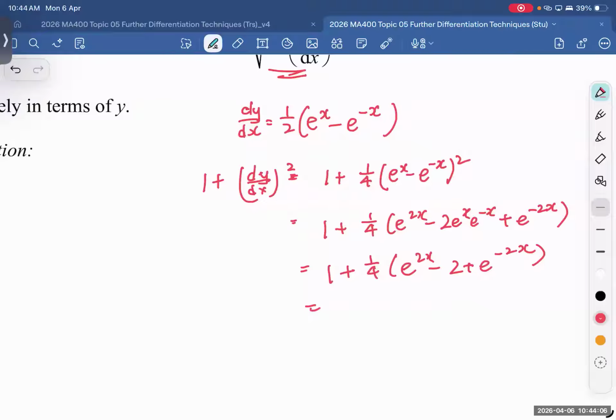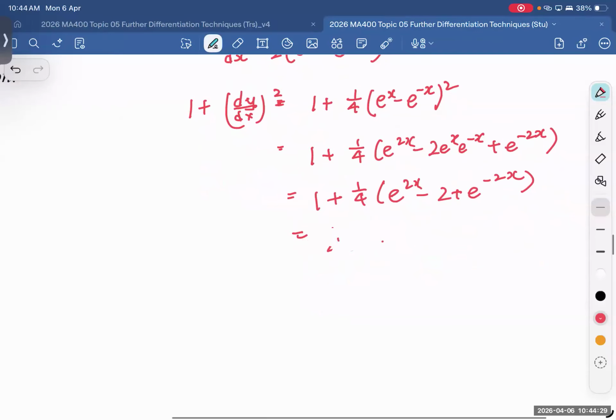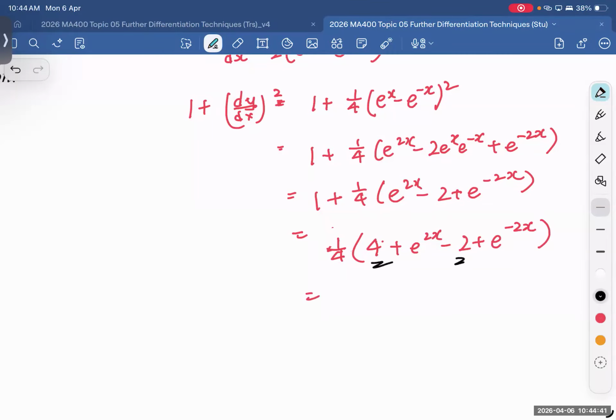If I try to expand, I'll get 1/4 of minus 2 plus... No? Okay, let me give you another idea. So this is the same as 4 plus e to the power 2x minus 2 plus e to the power minus 2x. What is 4 minus 2? 2, right? So it's the same as e to the power 2x plus 2 plus e to the power minus 2x.